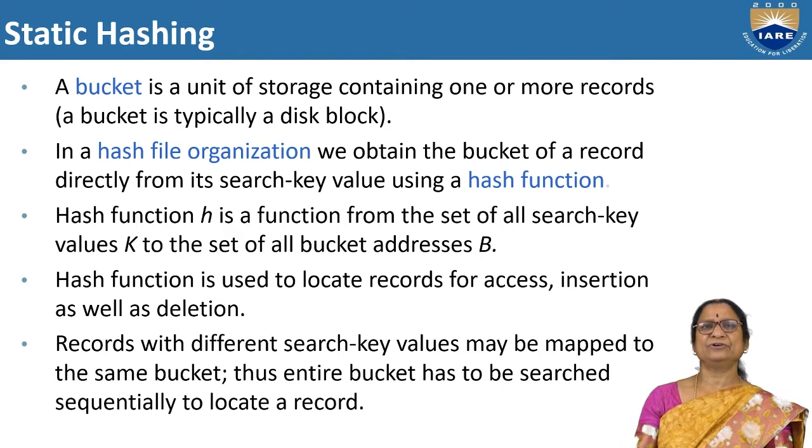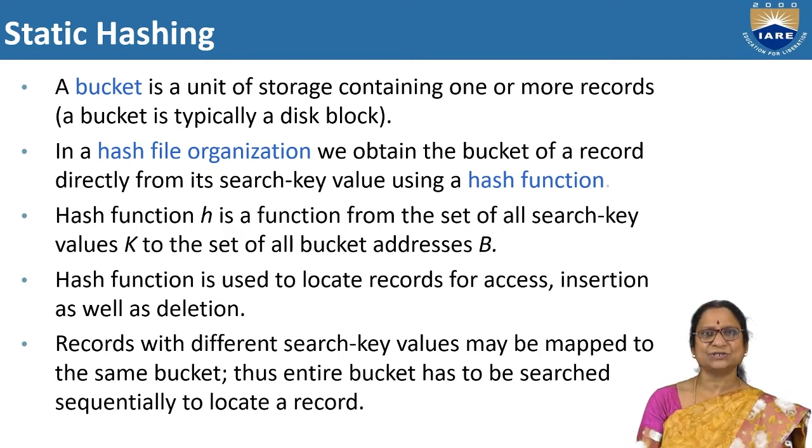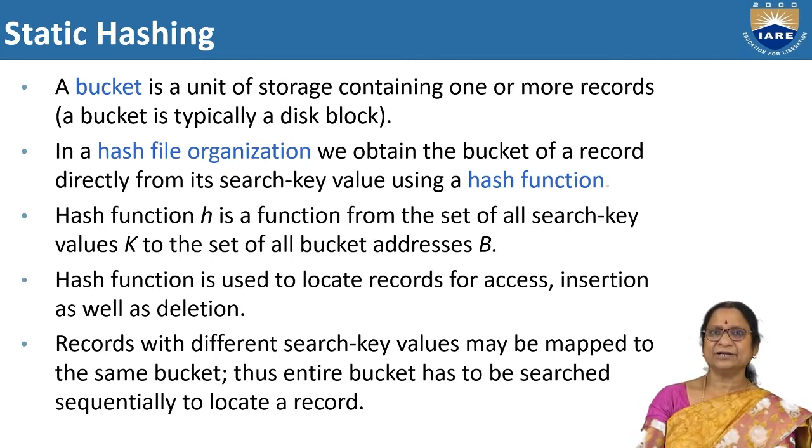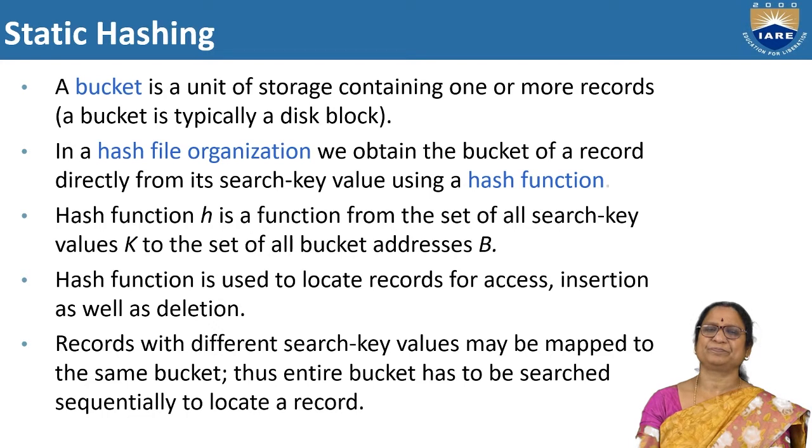Hashing is categorized into two categories, that is static hashing and dynamic hashing. The terms themselves indicate this. In case of static hashing, the function and the number of buckets allocated to store our data are fixed. Depending upon the hash function, for example, the mod function is a hash function.